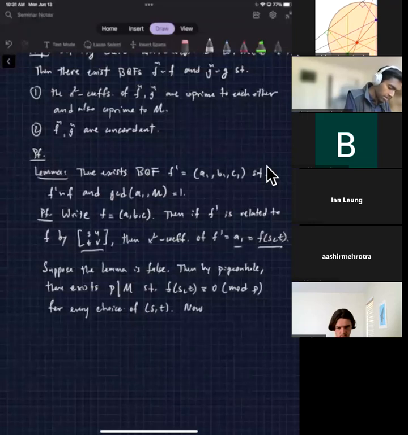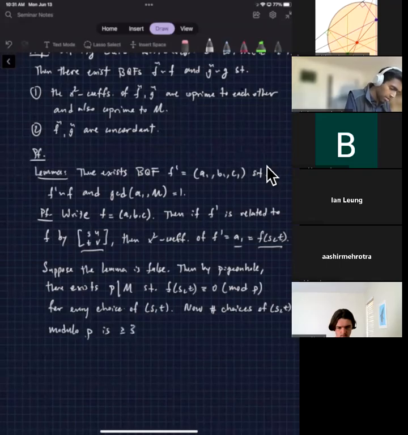Now, the number of choices of the pair s comma t modulo p is at least 3. For example, you could choose s comma t to be 1 comma 0 or 0 comma 1 or 1 comma 1 and so on.